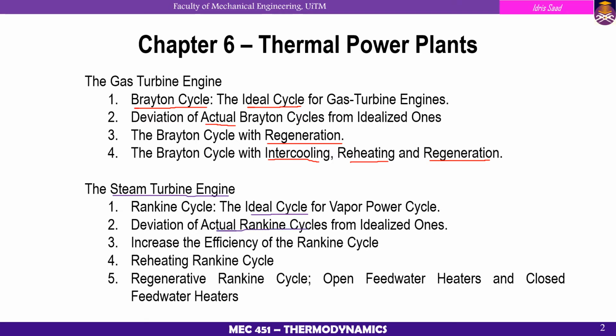Then we will learn a little bit about how to increase the efficiency of the Rankine cycle. Then we also will put the reheating on the Rankine cycle. Finally, this chapter will finish on the steam turbine engine by studying the regenerative Rankine cycle, which is the open feed water heater as well as the closed feed water heater. So that's all what we call the content for chapter 6.